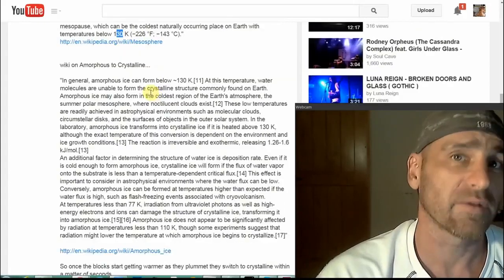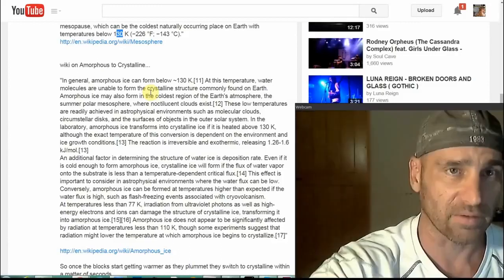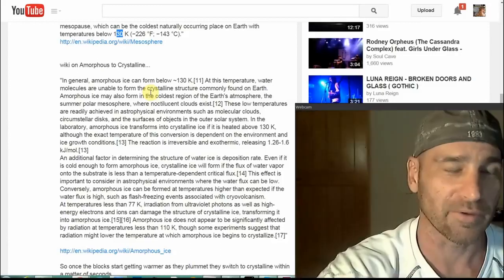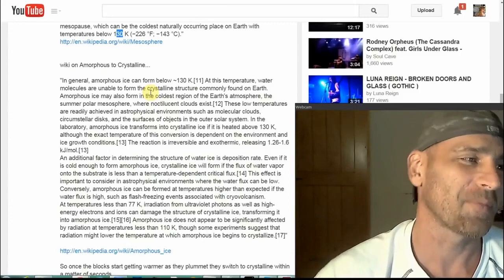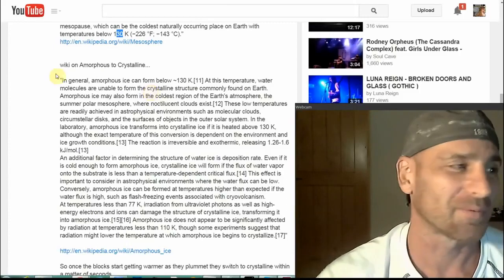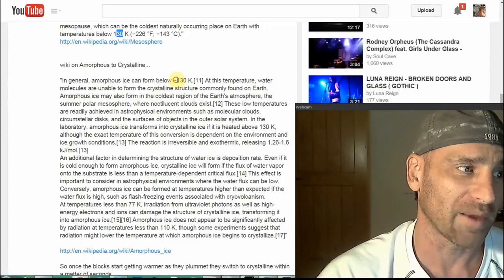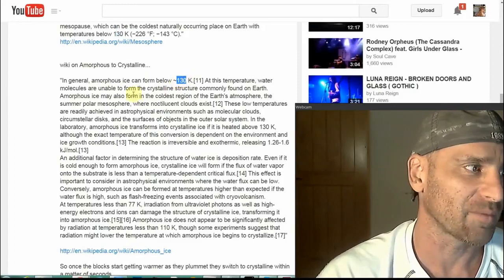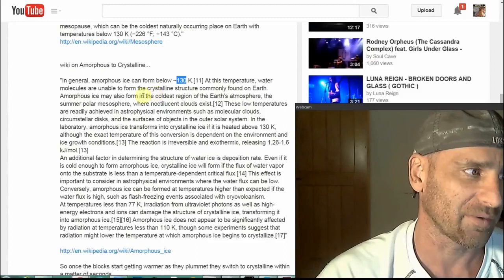So there's a transition. Ice can go from state to state. Indiana to Illinois, no. It can go from amorphous to crystalline, okay? Based upon the temperature. In general, amorphous ice can form below minus 130 K. At this temperature, water molecules are unable to form the crystalline structure commonly found on Earth.